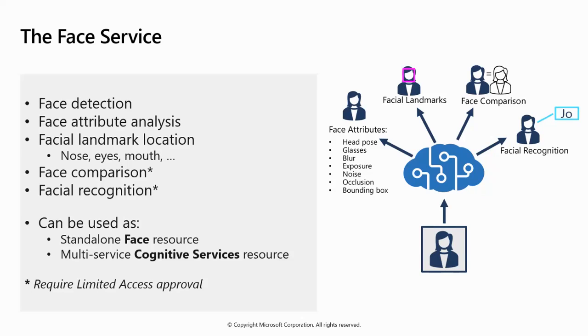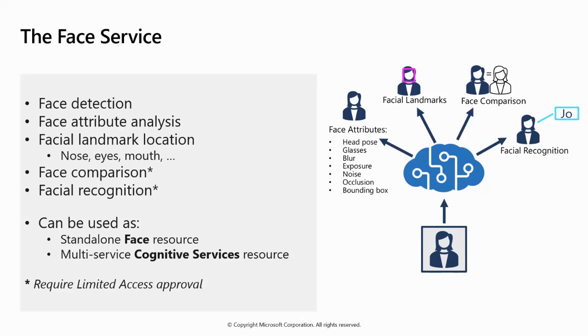We have the exposure: if the image is underexposed, has good exposure, or is overexposed. We also have noise, if we have visual noise in the image, and occlusion, objects obscuring the face. We also have the facial landmark location. These are the coordinates for the key landmarks in relation to facial features, for example the eye corners, tips of the nose, or the pupils.